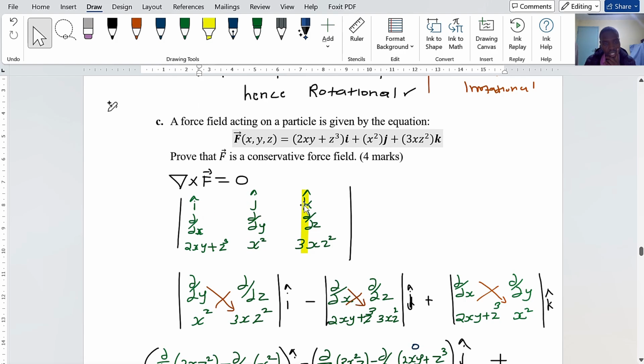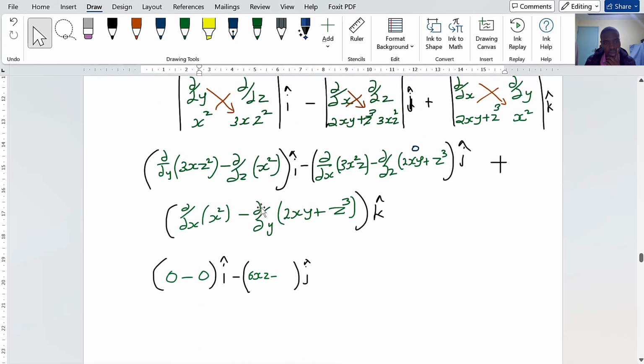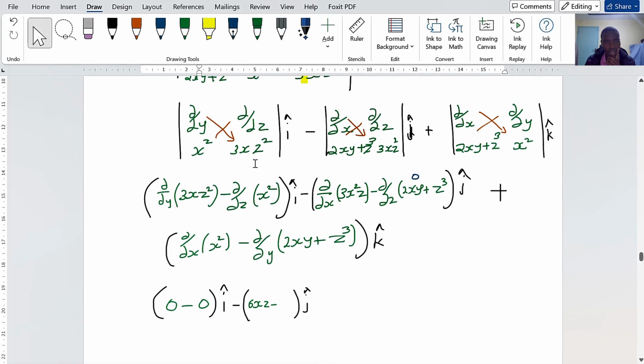So when you want k, then d/dx, d/dy, 2xy plus z cubed, then x squared.